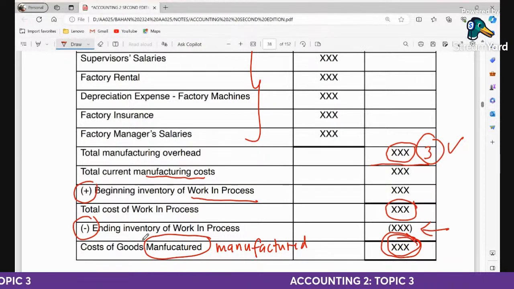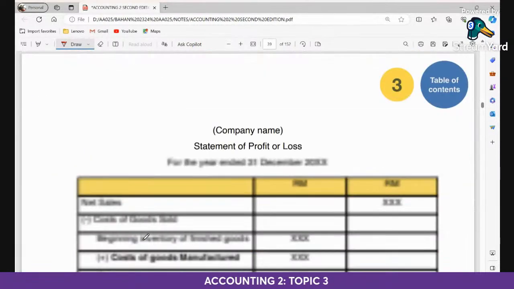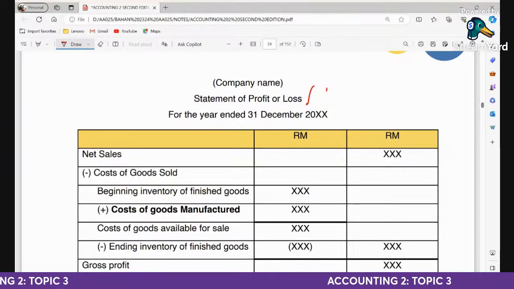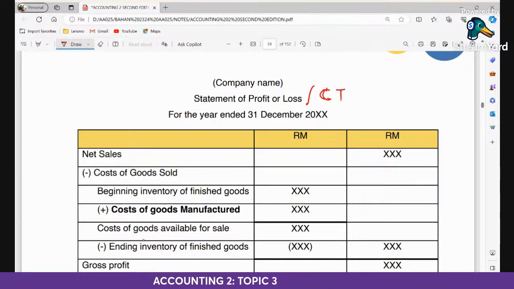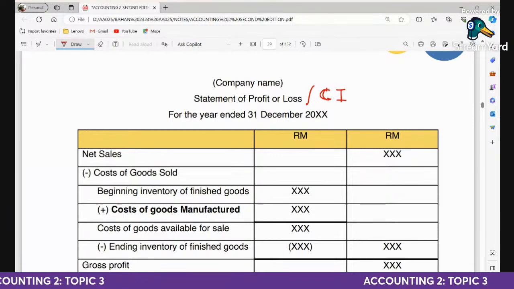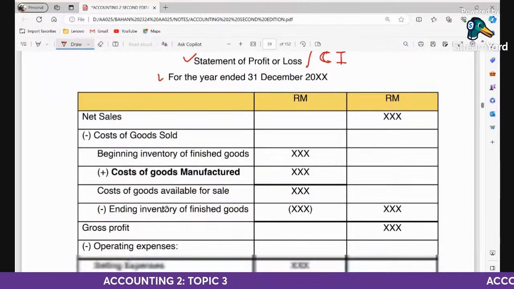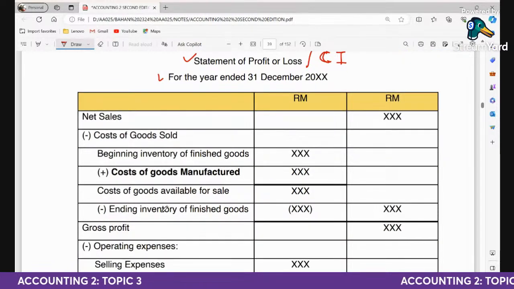Kita akan sambung. Okay, so we have another statement which is your profit or loss ataupun your comprehensive income statement. Okay, so format sama. Okay, comprehensive income statement format sama. It's a 3-layer title, nama company, nama statement and the duration. Okay, for the year ended. Okay, kita ada net sales macam biasa.